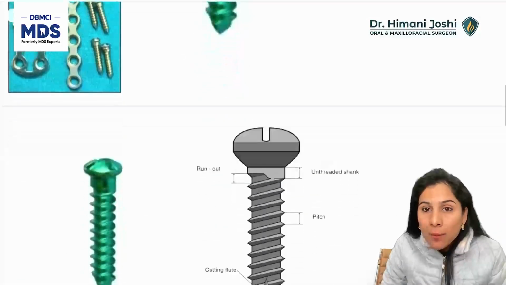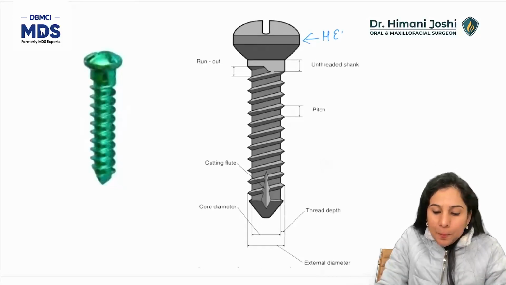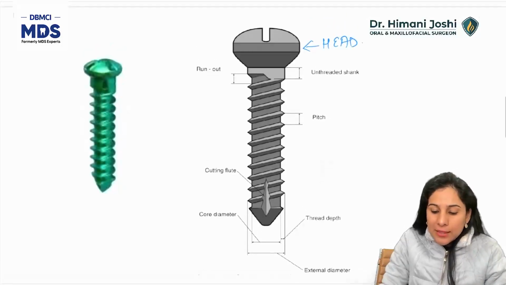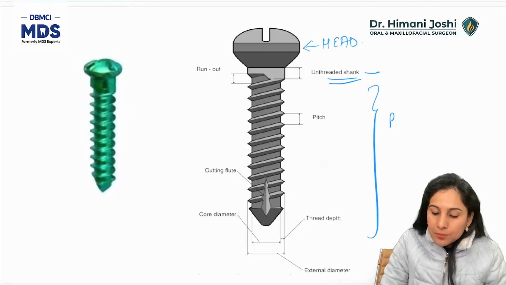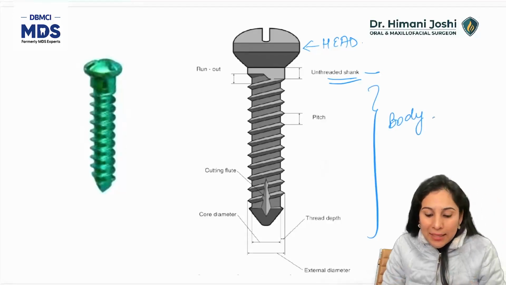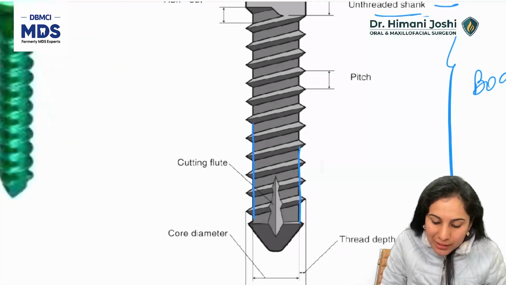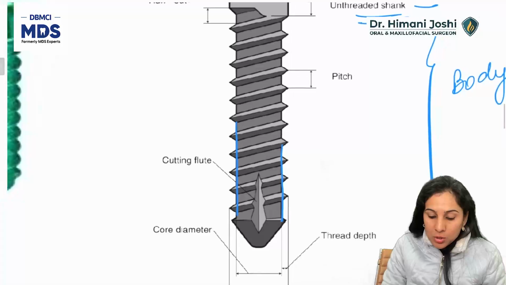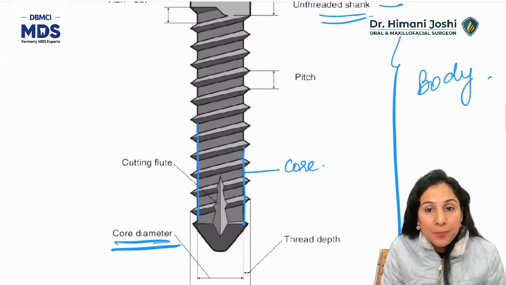Now if I have to talk about the parts of the screw, there is a head, then the shank, which is the middle part, and then there is a body. In the body there is a core of the screw, which is the solid part. This blue part is the core diameter.